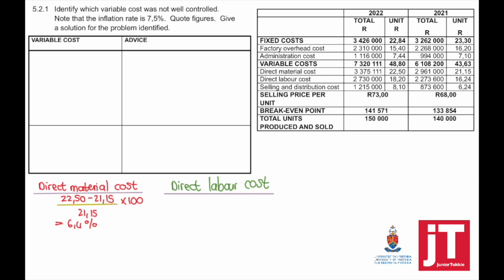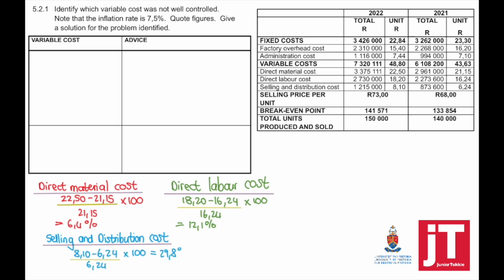Direct labor cost, R18.20 minus R16.24 divided by 16.24 means that the direct labor cost increased by 12.1%. Then we look at selling and distribution cost, R8.10 minus R6.24 divided by 6.24 times 100 means it increased by 29.8%.